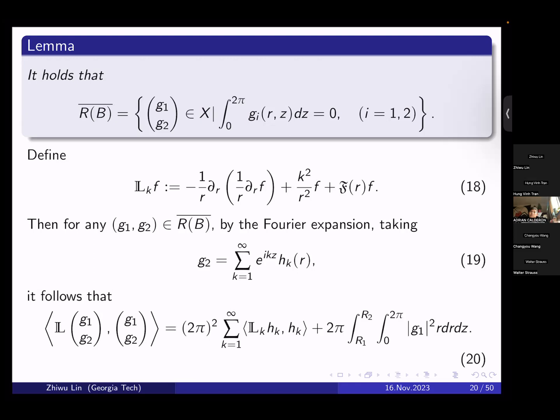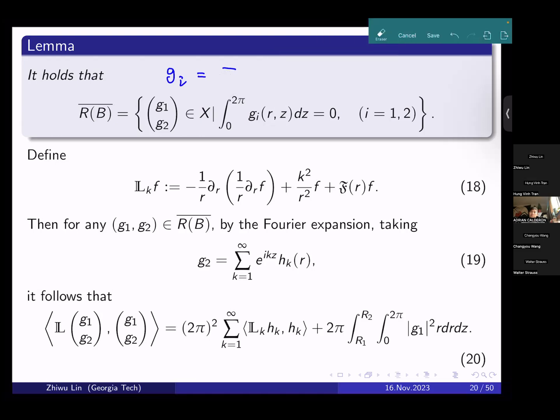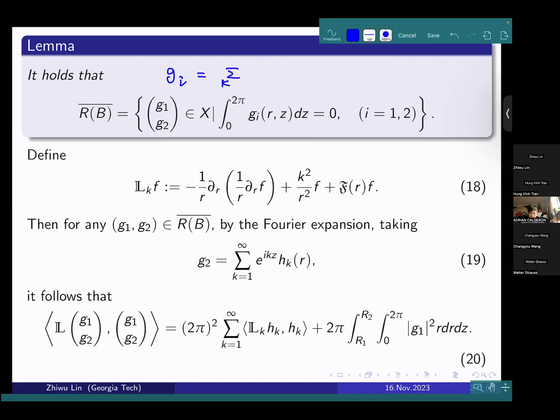In other words, because the z direction is periodic, you can do the Fourier expansion in the z variable. Let's say you expand g_i by the Fourier expansion, using another index for the summation, say h.